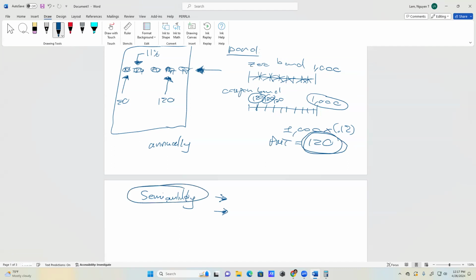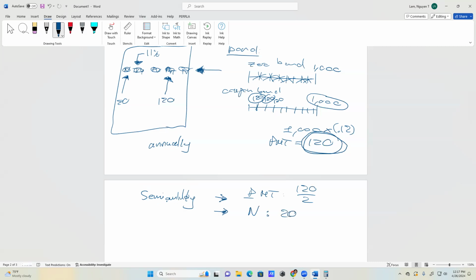However, if it says semi-annually, the payment is one of the things that is changing. You have to divide that by what? By 2, right? Okay, the next thing is the number of years. It is 20 years, right?